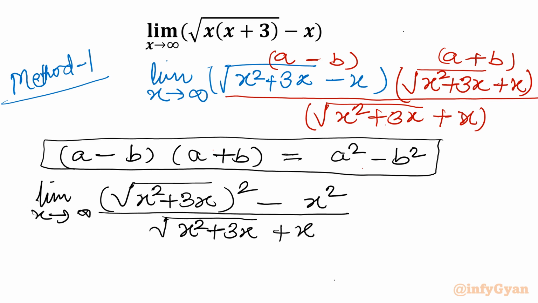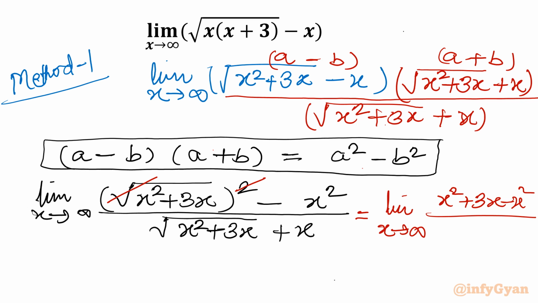Now square and square root we can cancel immediately. So we will be cancelling this one with the power. So what is left inside there in the numerator? x tending to infinity, x square plus 3x minus x square. In the denominator, square root x square plus 3x plus x.